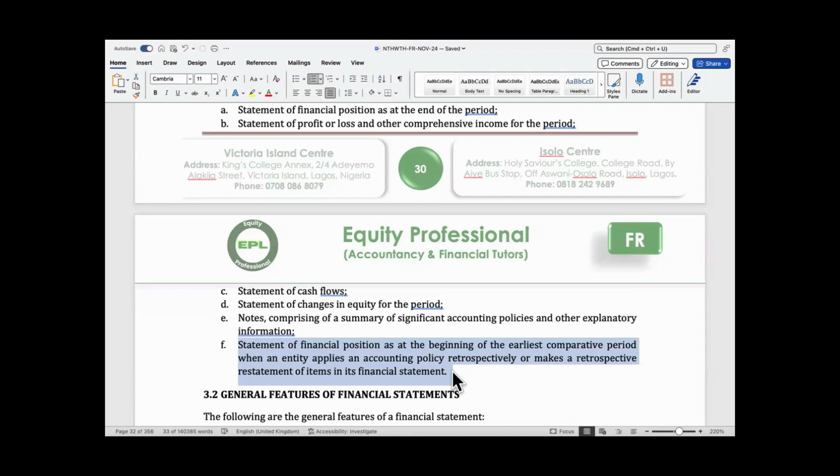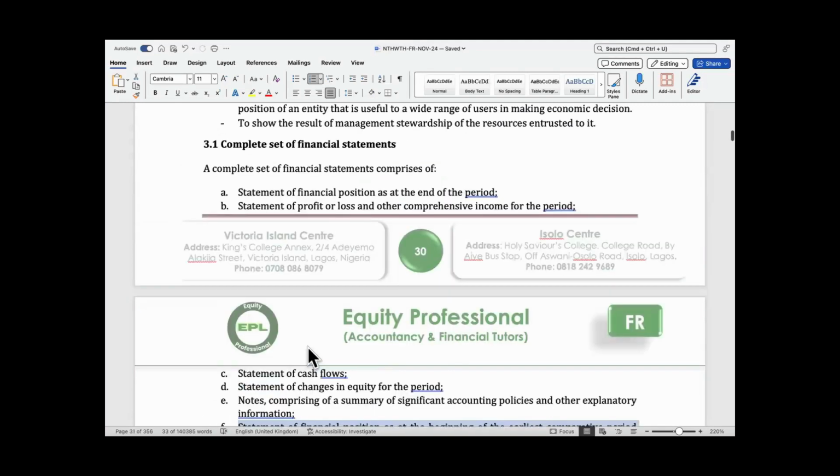So there are ways to correct that, because it's not possible to change figures of accounts that you have published. So we would usually require that you prepare some additional or opening statements of financial position. We would talk more on that as we move on in our studies.